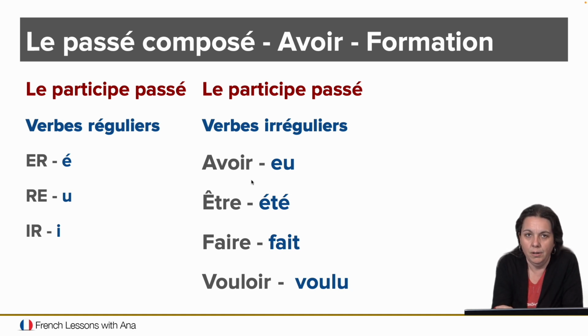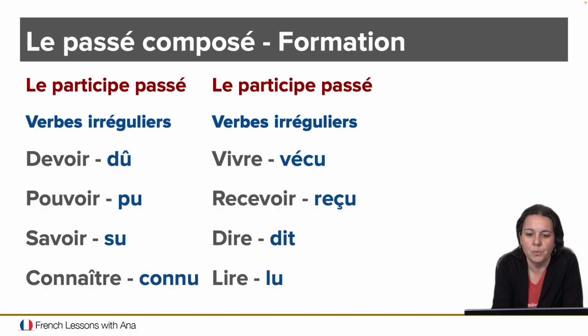Among them are avoir, which changes to eu. Être, if you know the word for summer, you know the past participle of être, été, okay? To be. The verb faire, to do or to make, becomes fait, F-A-I-T. The verb vouloir, to want, becomes voulu, okay? It ends with that U.